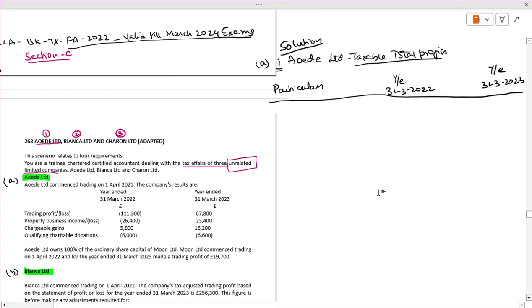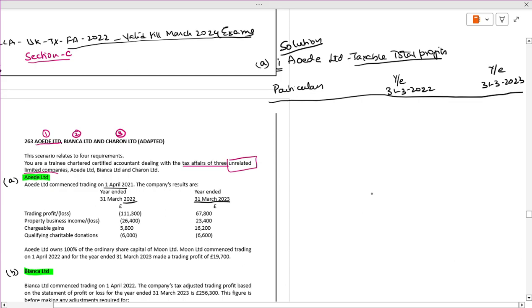Okay, now what they have given: Aoede commenced trading on 1st April 2021. The results are like this. This is the first year results and this is the second year results. In the first year there are some losses.